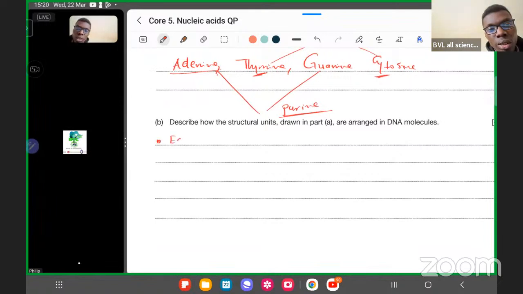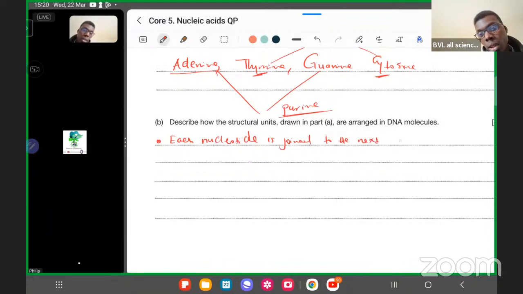Point number 1, each nucleotide is joined to the next by a phosphodiester bond to form the backbone.